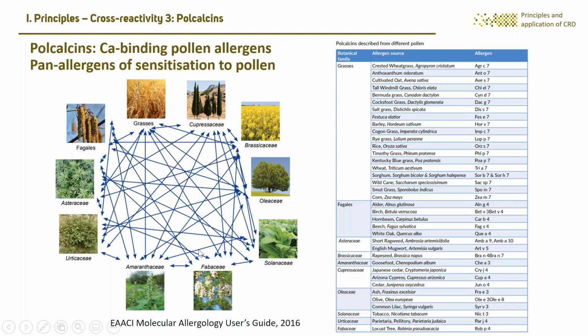So this should illustrate that polcalcins are also, like profilins, highly cross-reactive. But if you ask for the clinical reactivity, this is not always the case in each patient. Some patients show clinical reactions mediated by sensitization to polcalcins, while others merely have any symptoms.